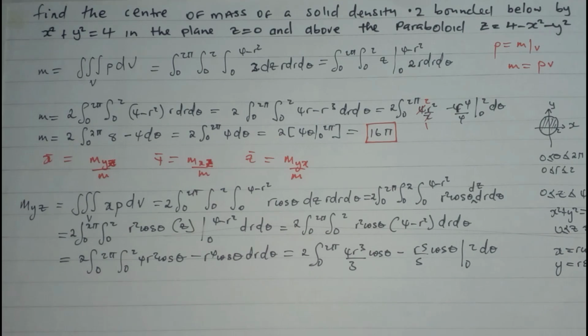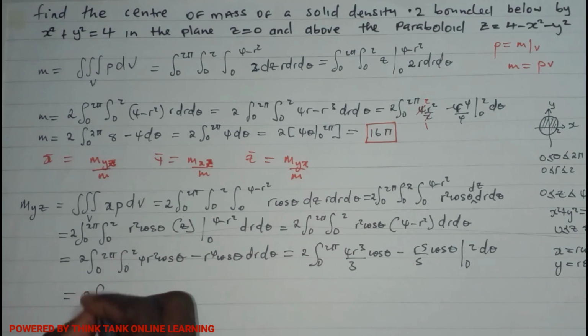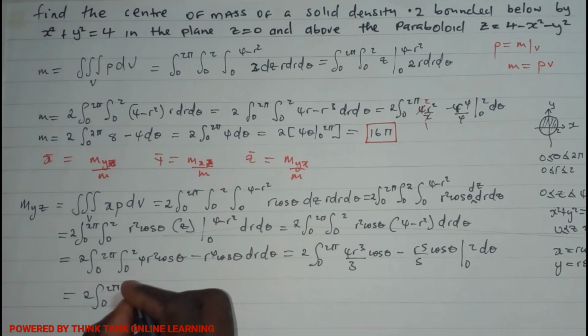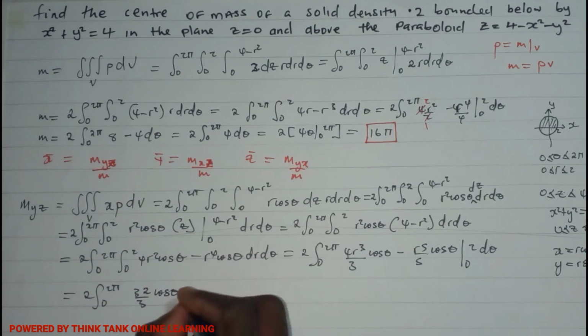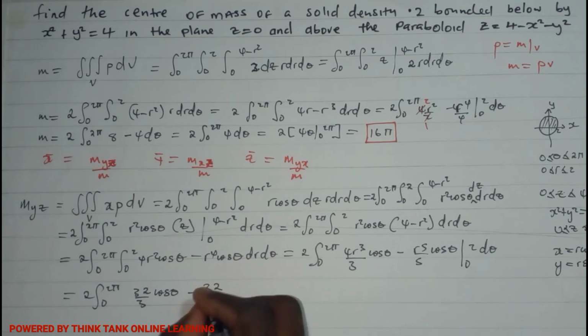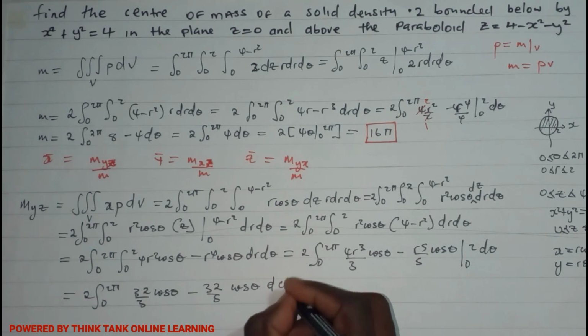So 2 to the power 3 gives 8, and 8 times 4 is 32 over 3 cos theta, minus 2 to the power 5, which is 32, so 32 over 5 cos theta, d theta.